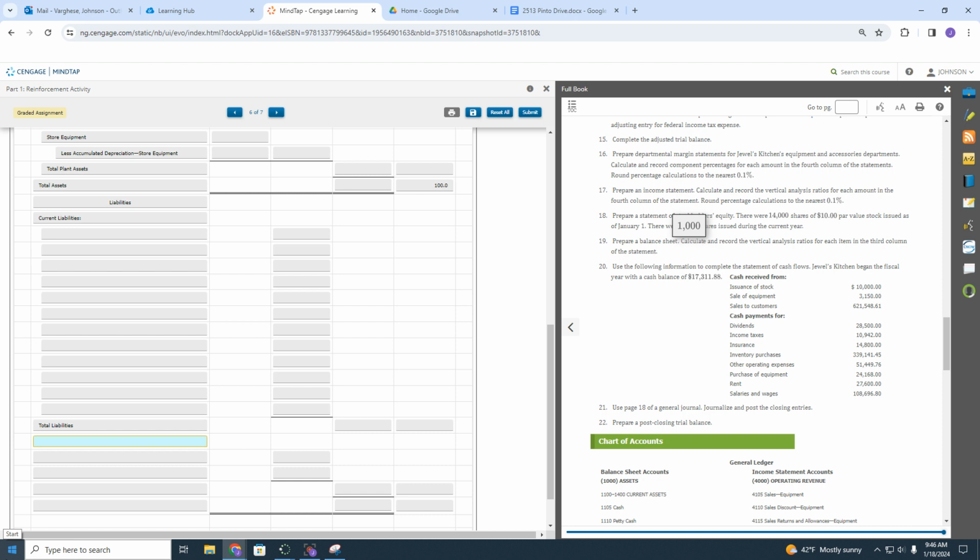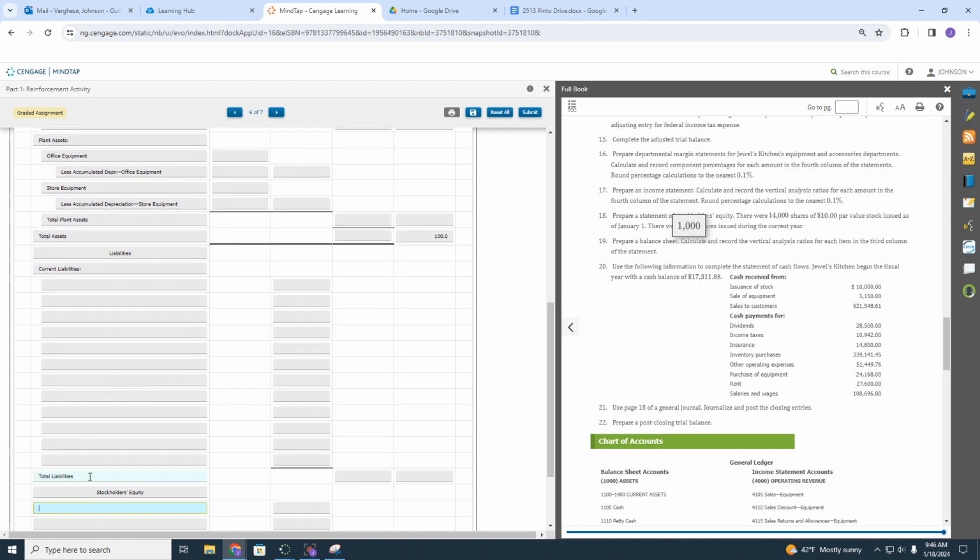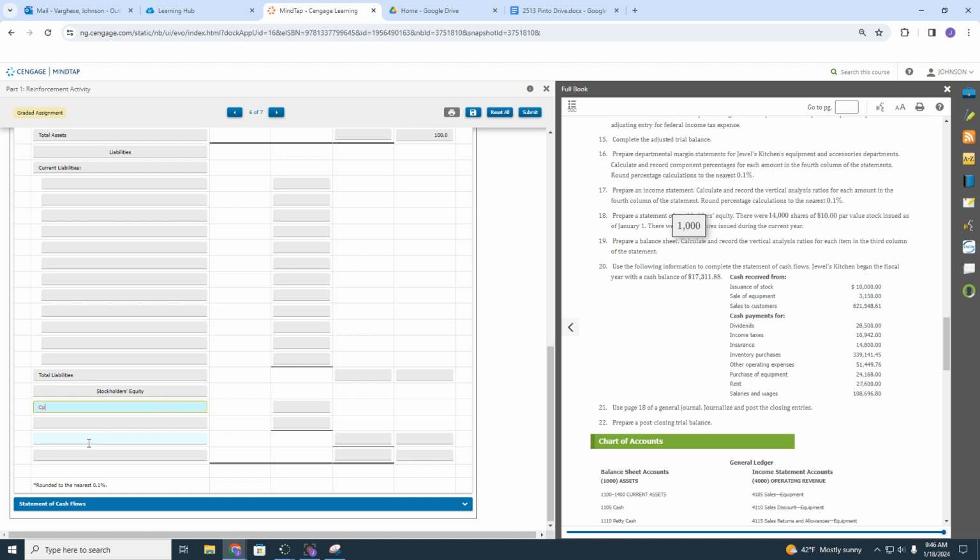And then I'll have my stockholders' equity section. And this information I'll grab from the statement of stockholders' equity that I just prepared. I'm going to have my capital stock, and if I remember correctly, that was 150,000.